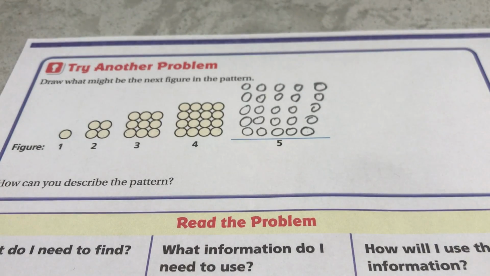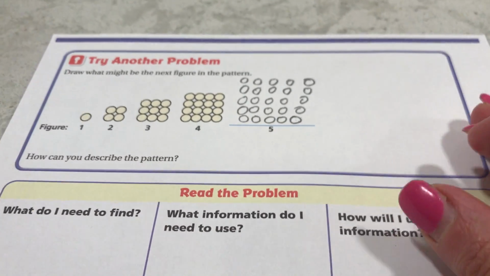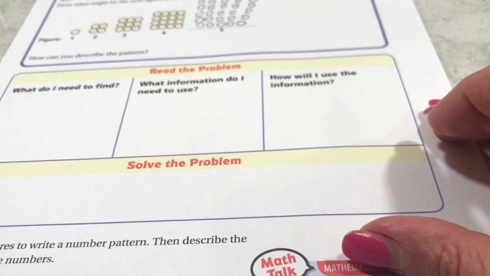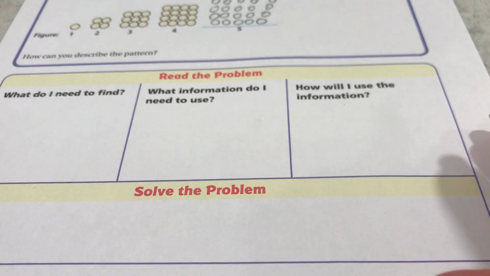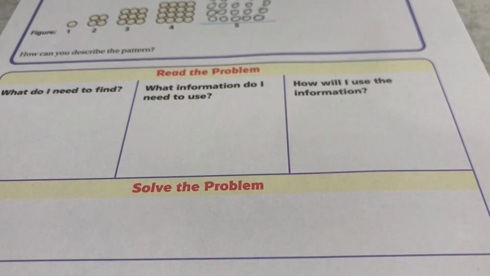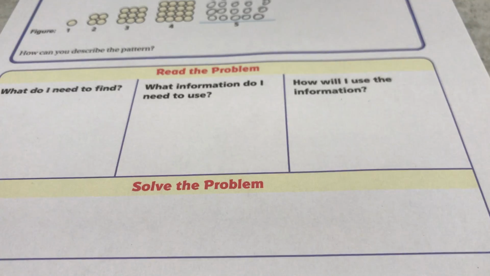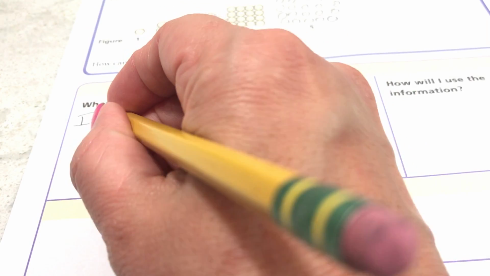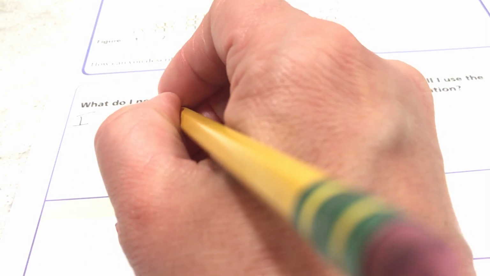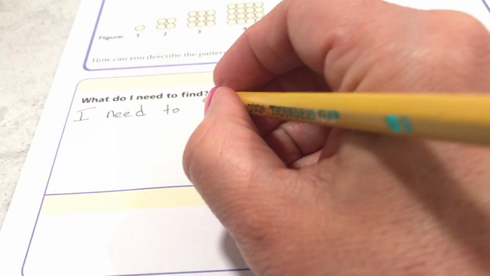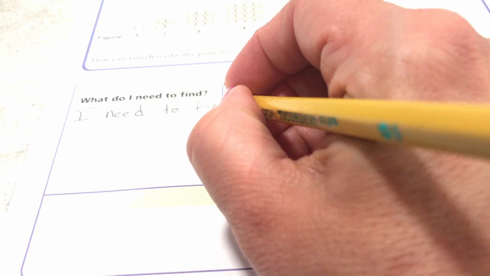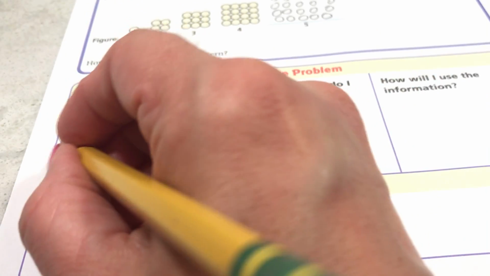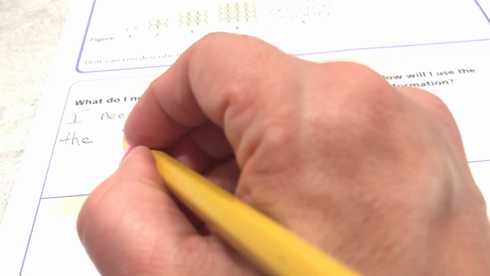Does yours look something like mine? All right, so let's finish answering in the graphic organizer here. What do I need to find? Okay. And you're putting I need to find the 5th figure.